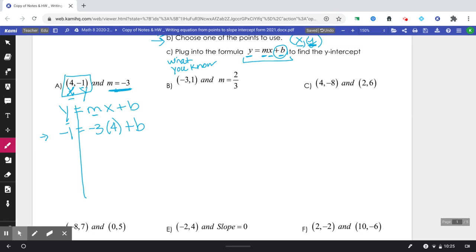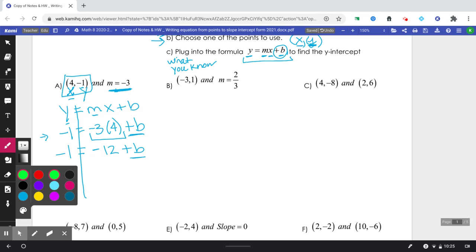So it's my equation. I'm going to put up my wall. I need to get b by itself. So the first thing I need to do is simplify -3 times 4. That will give me -12. Bring everything down. Remember, I'm trying to get b alone, so I have to get rid of this -12.